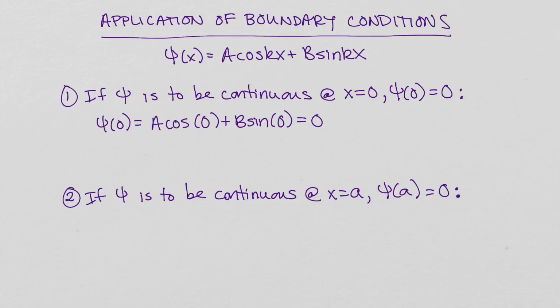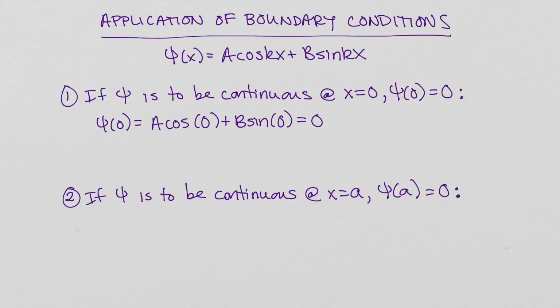Okay, first boundary condition we want to apply is at x equals 0. We know that our wave function needs to be continuous at our boundary. Okay, that was one of our postulates. So we know that at x equals 0, our wave function has to equal 0, because remember, in region 1, which is on the boundary between regions 1 and 2, we want to have a continuous function, and we know that in region 1 our wave function is equal to 0.